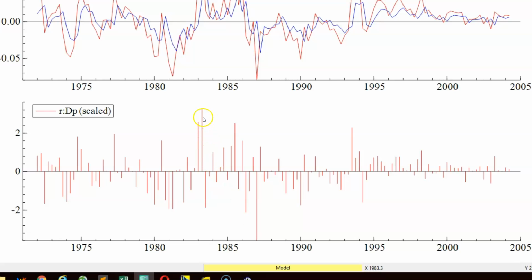Here we can see some fairly extreme observations. Here we have one at the second quarter of 1983 and one in the first quarter of 1987. Note that the residuals here are scaled by the estimated standard deviation of the residuals. So these are epsilon t hat divided by sigma hat.